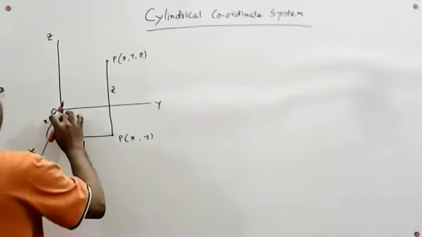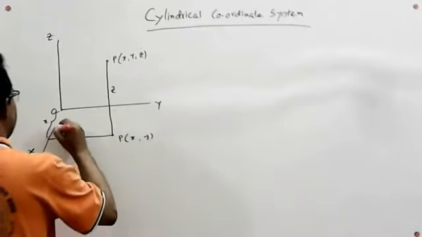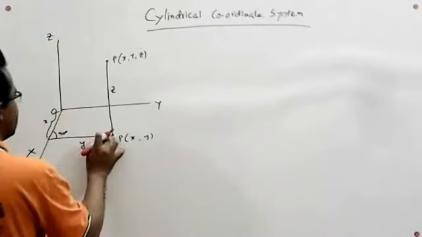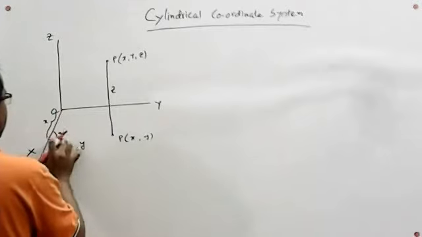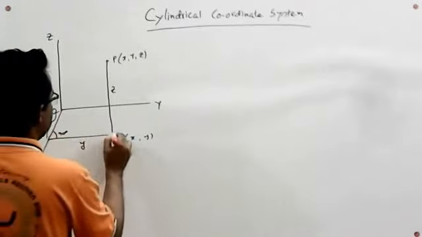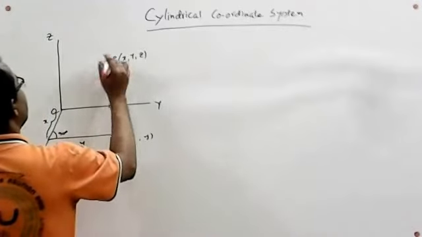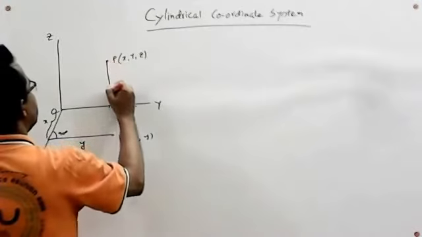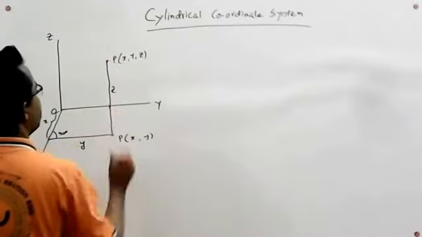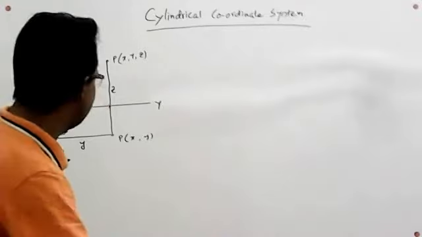If we mark this length sequence, this is x, this is our y, and this is our z component. So this was our Cartesian coordinate system.